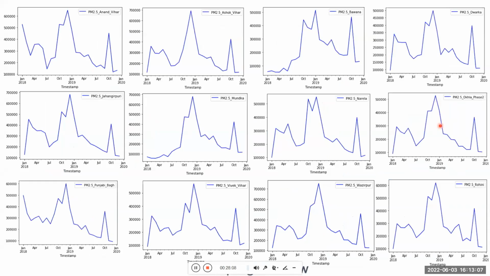Then we went for the resampling. If we go for resampling, you can see all have peak values between October and April, and we have the Diwali festival as well as parali burning near Haryana and Delhi. We have satellite images for that also. But science apart, we can see there is a peak, and if instead of the entire data set we focus on October to April, we can find something surprising.